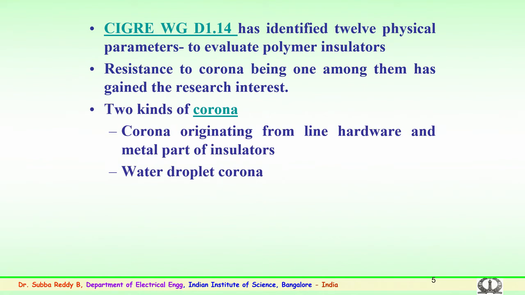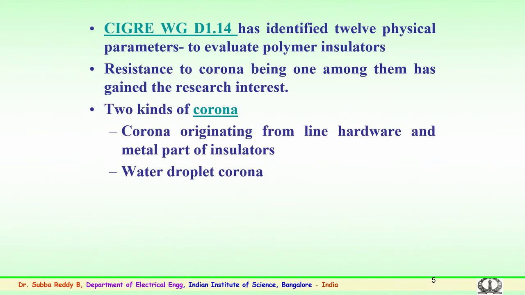In the field we see 2 kinds of corona. One normally originates from line hardware like the corona control rings or the yoke plate or other hardware material, and sometimes the metal part of the insulators. The inception of corona could be from one of these, and the discharges continuously bombard the surface of the polymer insulator, and over a period the surface degrades because of the corona discharges.